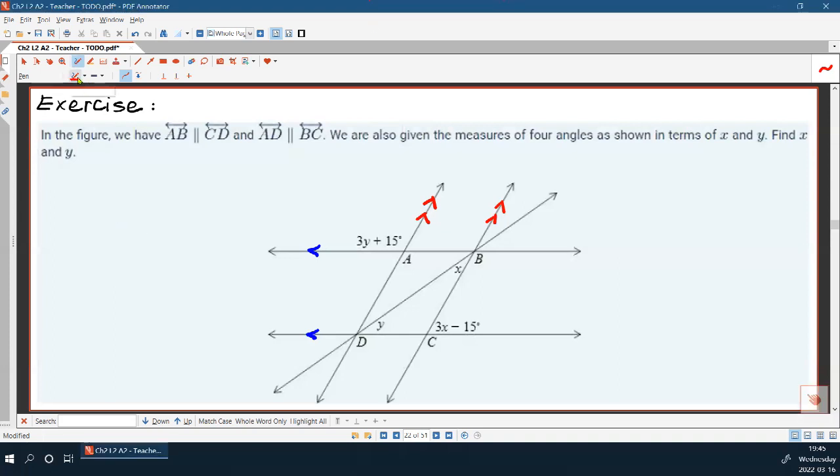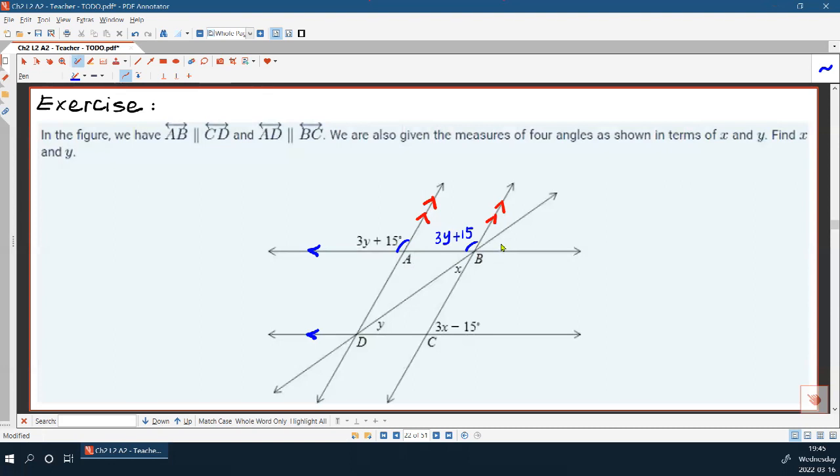First of all, let's consider line AD and line BC. These two lines are parallel, right? If these two lines are parallel, how about these two angles? These two angles would be corresponding angles. Can you see that? So this angle is also 3y plus 15.